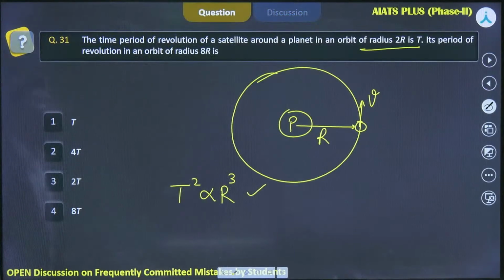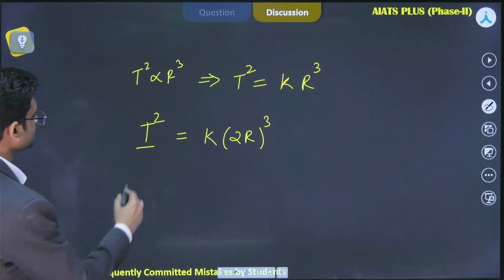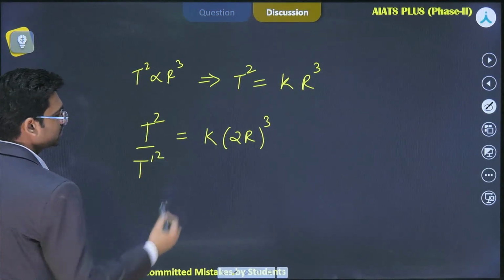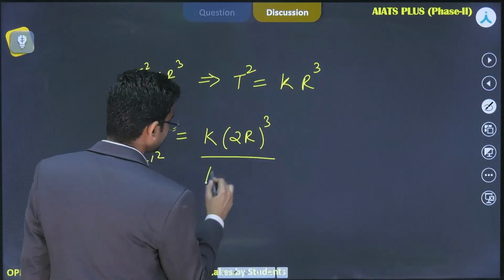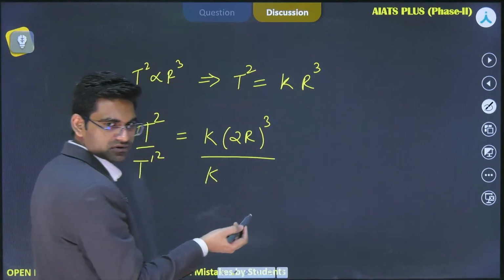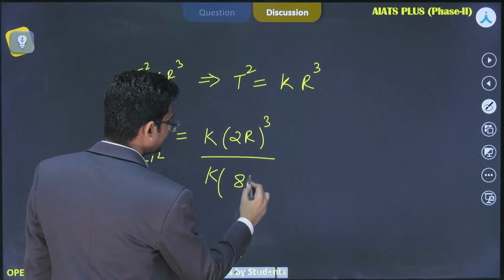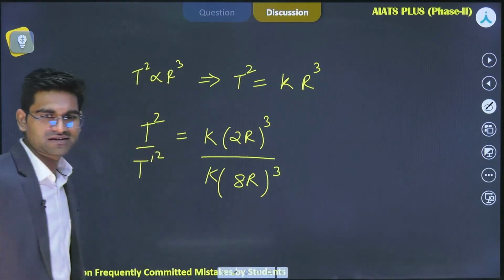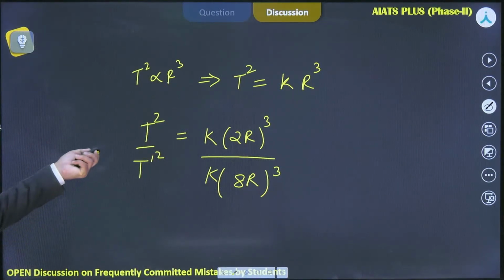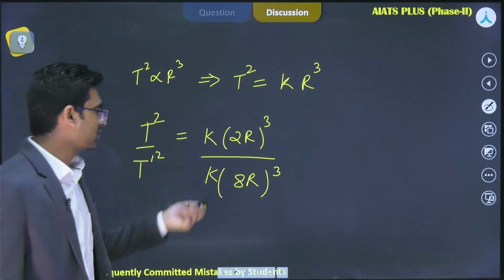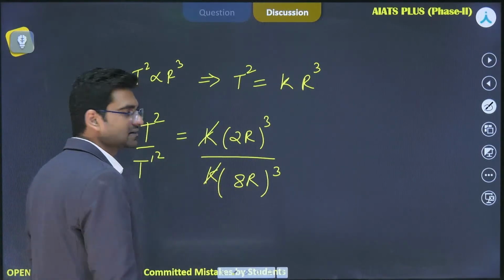Now we have to find the time period for radius 8r. I am assuming it as t prime, so t prime squared is equal to k, the constant remains the same, into 8r whole cube. So t squared by t prime squared is equal to k into 2r whole cube over k into 8r whole cube. The k and k get cancelled.